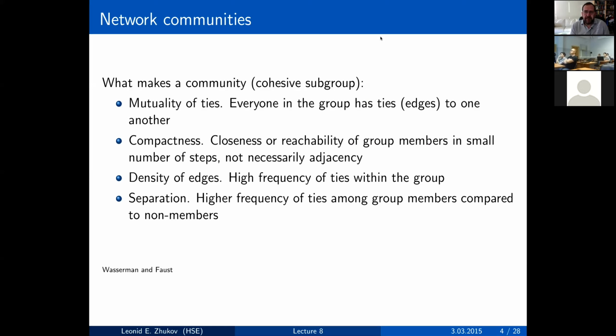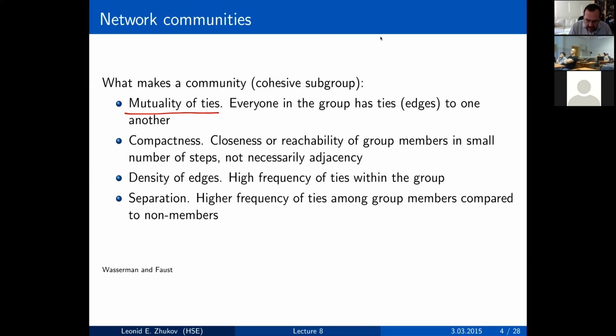And the name for the community back then was a cohesive group or cohesive subgroup in the network. And so there are several main properties of this group that people usually look into. Well, first of all, it is mutuality of ties. So the idea that everyone in the group has ties to one another.